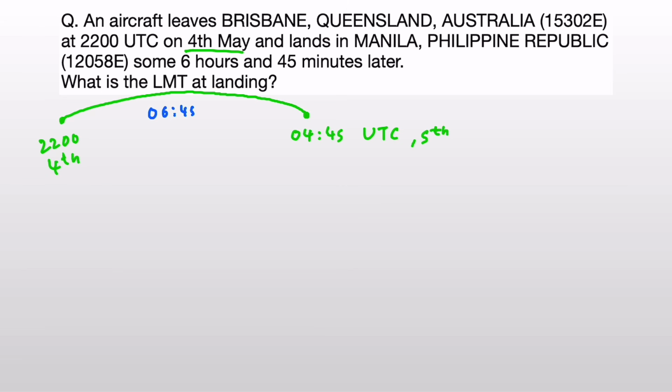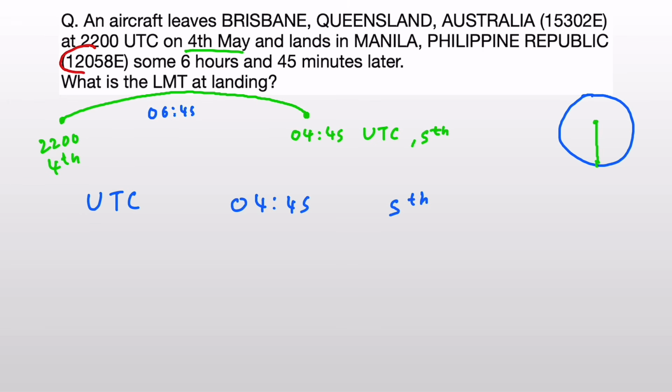So let's write all of this in the format I told you. I have the UTC, which is 4:45 on the 5th. What is the change in longitude? This is a rough diagram. This is Greenwich. I have the time on this longitude, which is 4:45. I need to find the time on this longitude, which is 120°58' east.